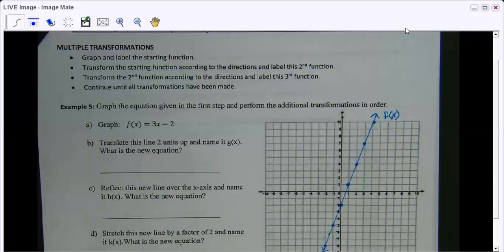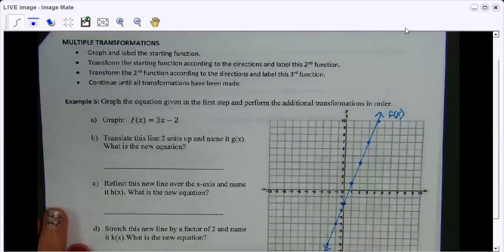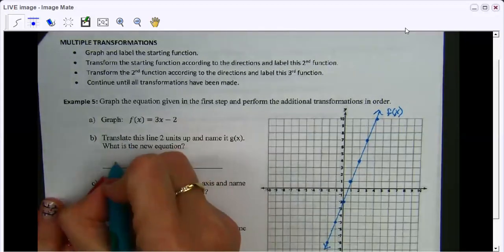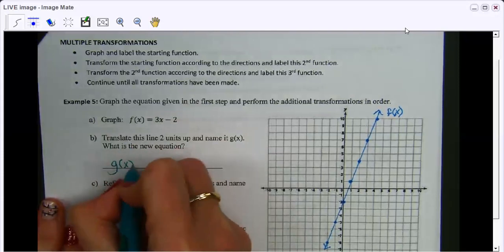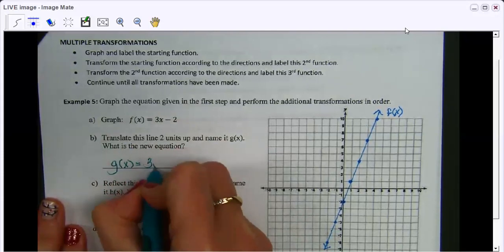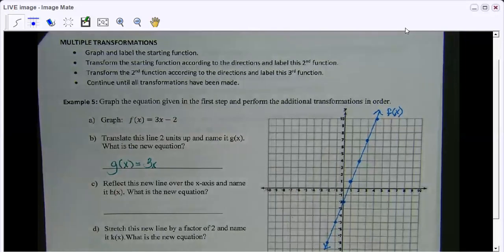If you shift it down, you subtract from the y-intercept. So since I'm shifting this 2 units up, I'm going to add to the y-intercept. And what does my y-intercept become? 0. So my new equation is g of x equals 3x, because negative 2 plus 2 is 0.